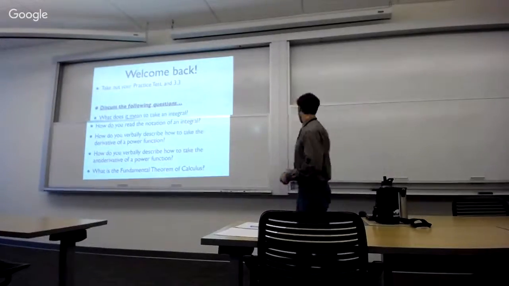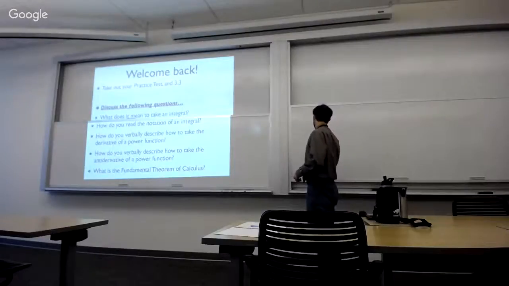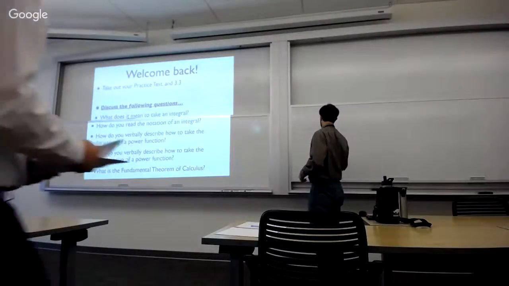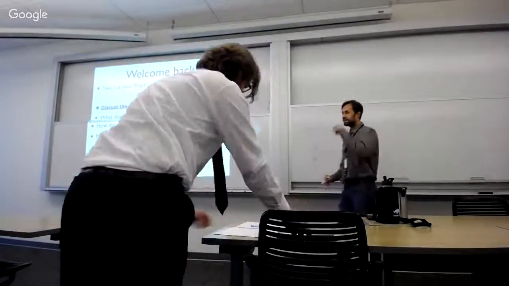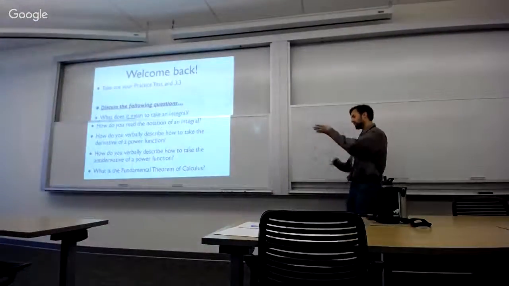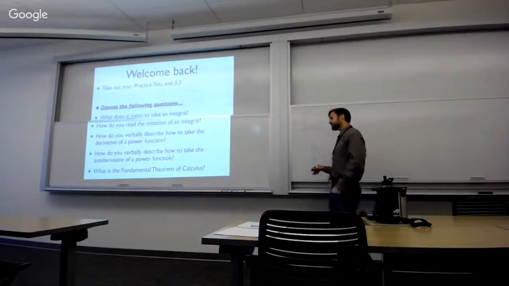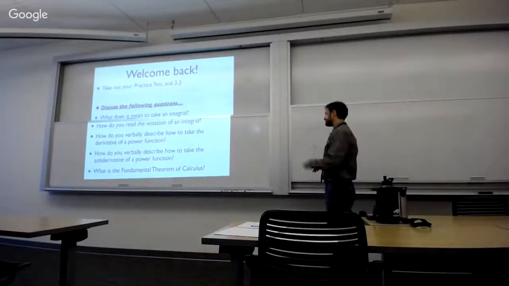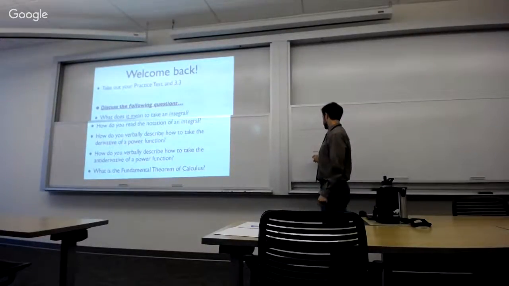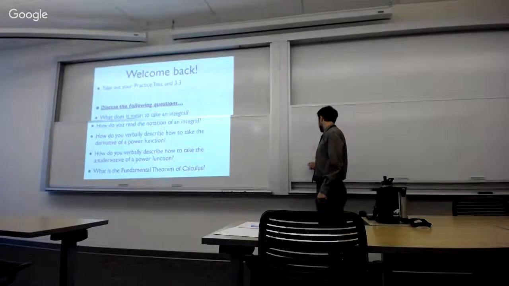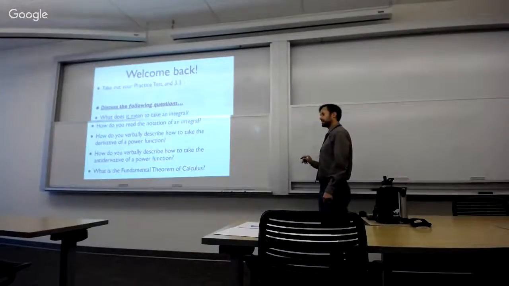And then how do you read the notation of an integral? So when I have this integral, and I go a to b f of x dx, what does every little part of that mean? So everybody can take one little part. Rosa, what one little part do you want to say? The sum. Well, the s is the sum. Yes, the long s represents a sum, and that is the sum of what?